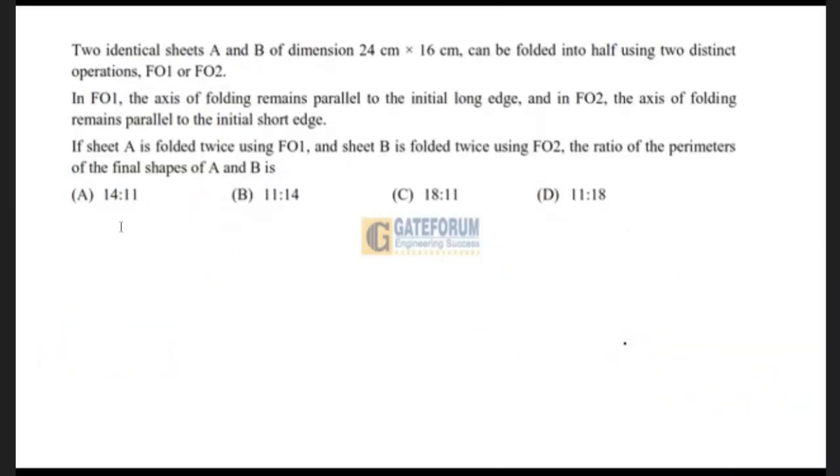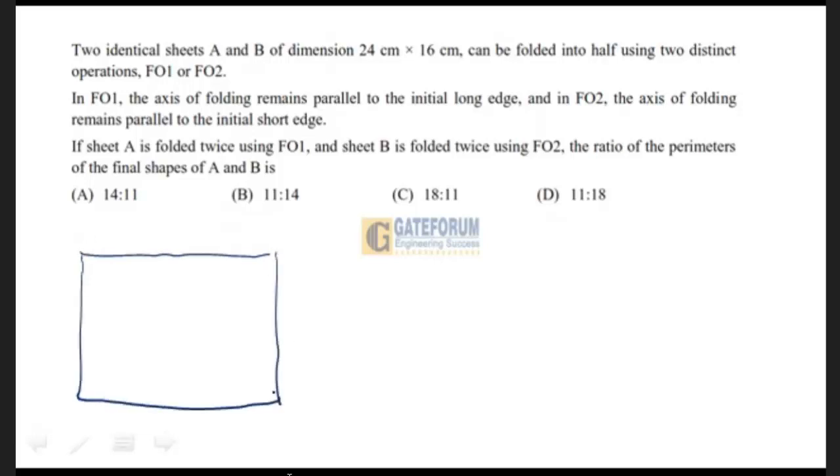Okay. Two identical sheets A and B of dimensions 24 into 16 can be folded into half using two distinct operations. Operation folding 1 and folding 2, FO1 and FO2. In folding 1, the axis of the folding remains parallel to the initial long edge. So folding 1 would be somewhat like this.